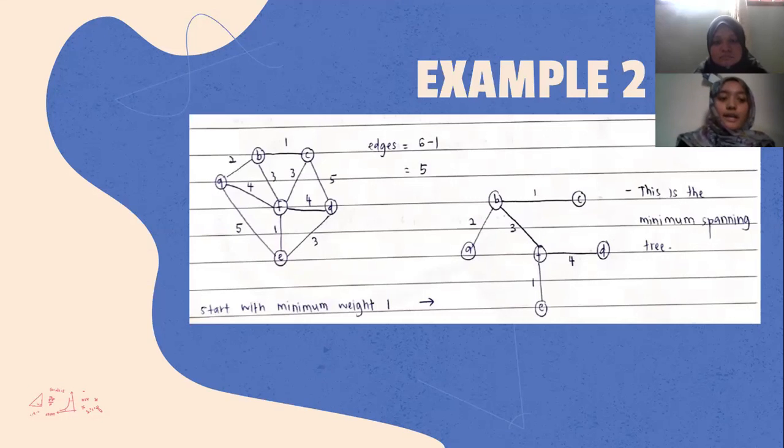The only edge that doesn't form a cycle is the edge that connects vertex B and vertex F. The other edge, which connects vertex A and F, will form a cycle. So right now we already have five edges, and therefore we have completed our minimum spanning tree.